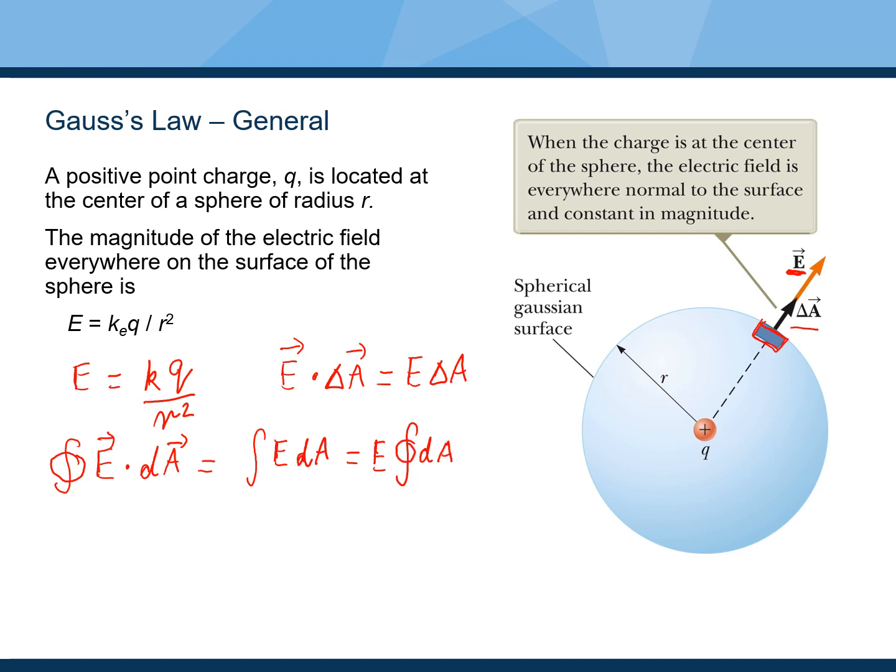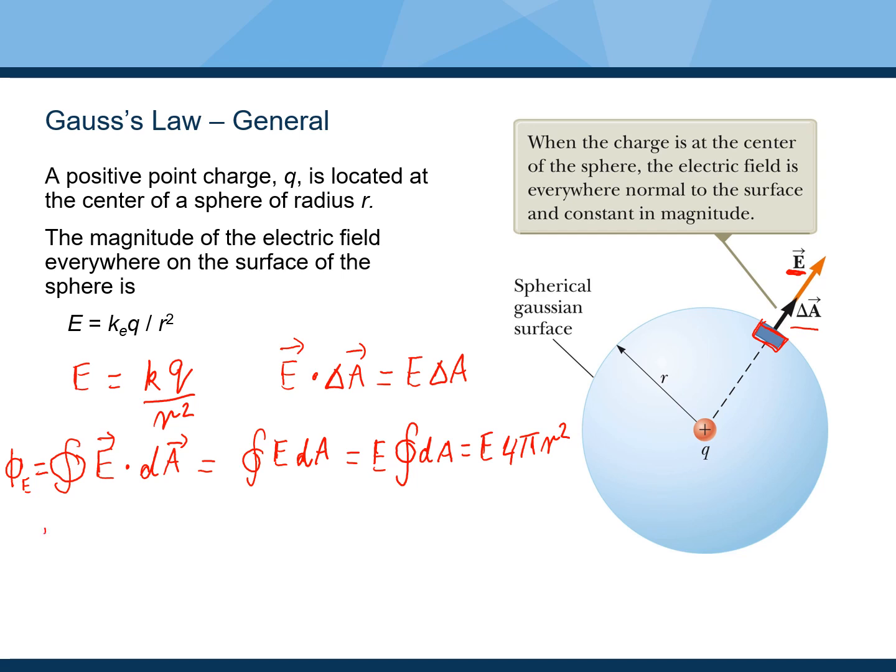Of course, I have to remember that this is a closed surface. That says that our electric flux phi sub E in this situation is exactly equal to E times the integral of the area across the sphere, which is just given by E times 4 pi r squared.